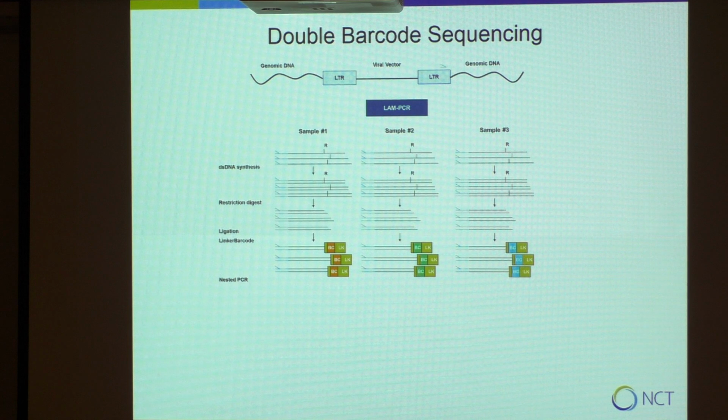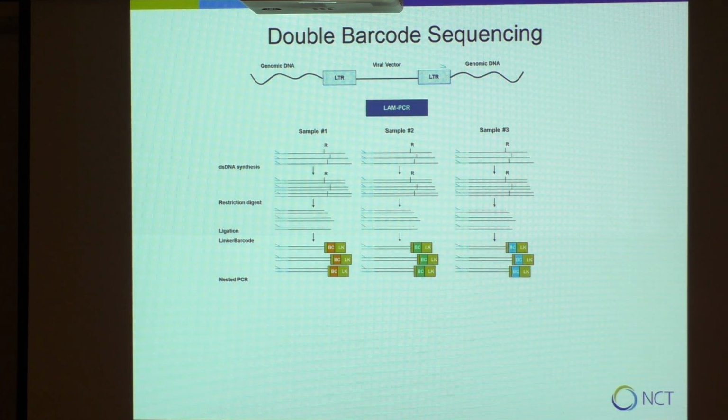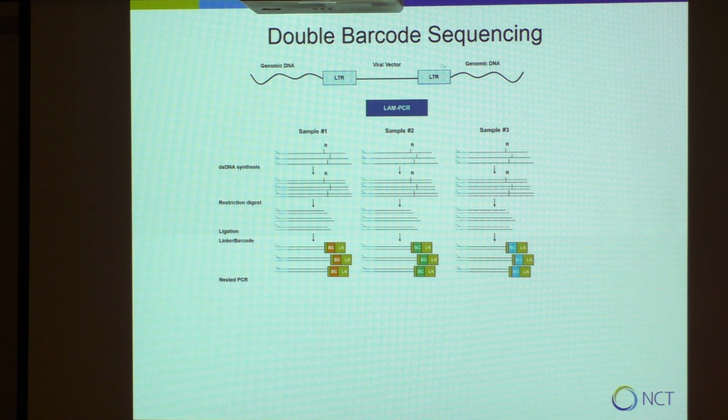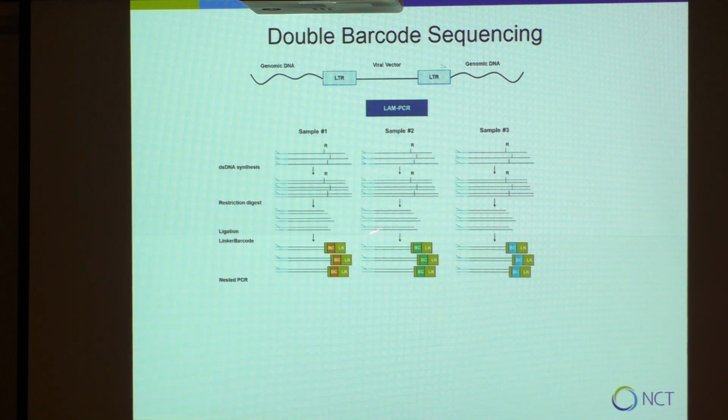Then with the arrival of 454 pyrosequencing, where we reached up to 800,000 raw reads and not only 96, we started with multiplexing and we added a barcode to these samples at the last step, so that we could then mix sample 1, 2, 3, sequence them in one sequencing run, and then afterwards sort by the barcode and analyze integration sites for each sample separately.